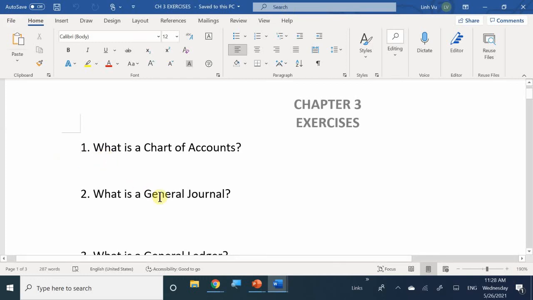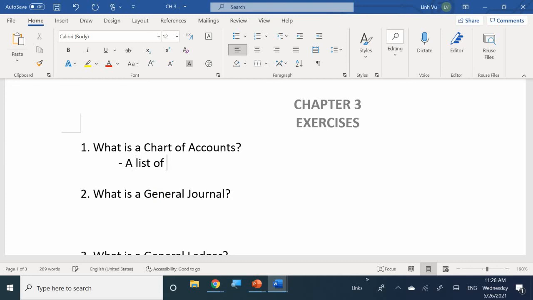Okay. So number 1, what is the chart of accounts? A way to organize an account. Good. A list of all accounts.